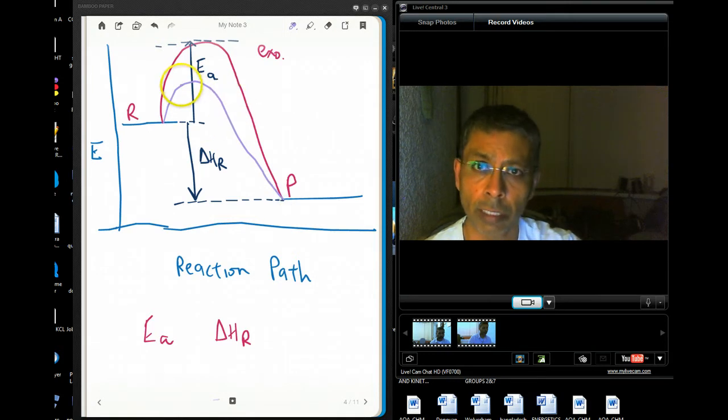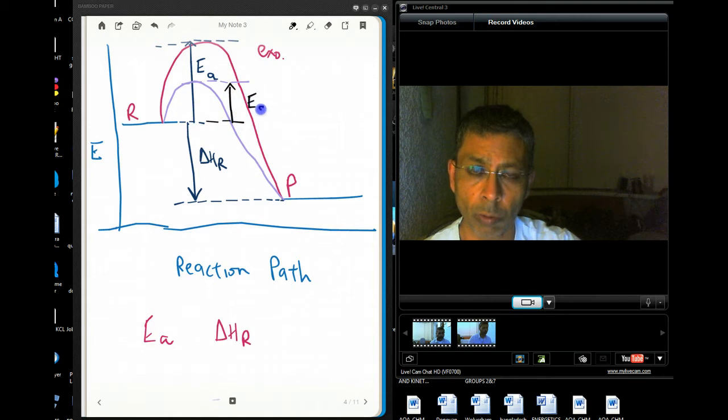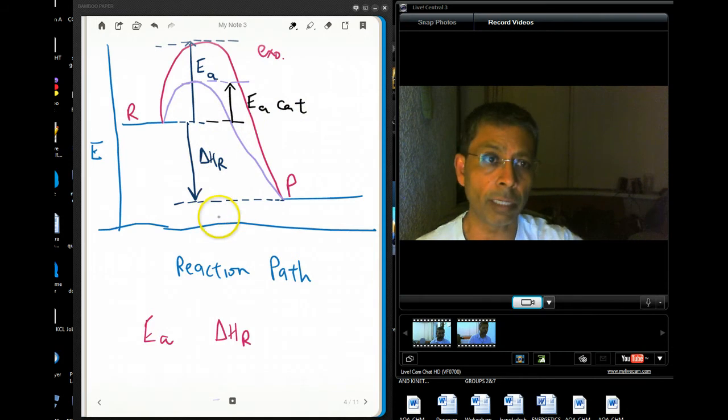And as you can see now, the activation energy has decreased. This is with a catalyst, but you also notice that delta H R does not change. So the heat of the reaction, either heat given out or taken in, is unaffected. Okay, and that covers the exothermic reaction path.